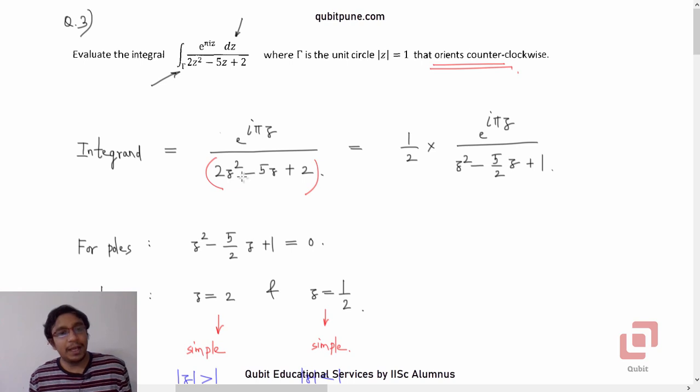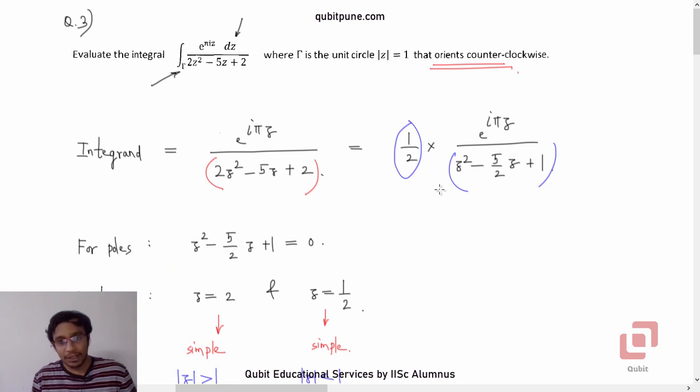You always make sure that the coefficient of the highest degree term is 1, otherwise it sometimes produces incorrect answers. So if you do that, it is going to be 1 upon 2 times the same numerator, but the denominator will now be z squared minus 5 by 2 z plus 1. Yes, this is now very easy to factorize.